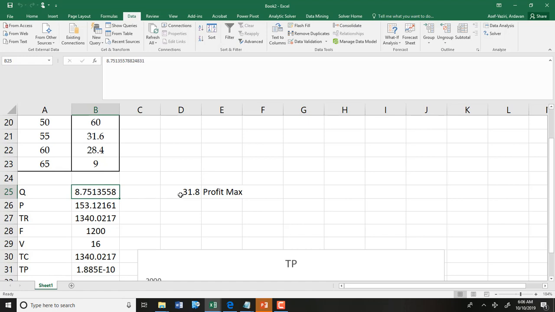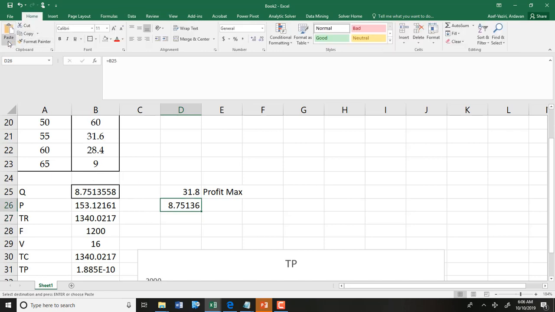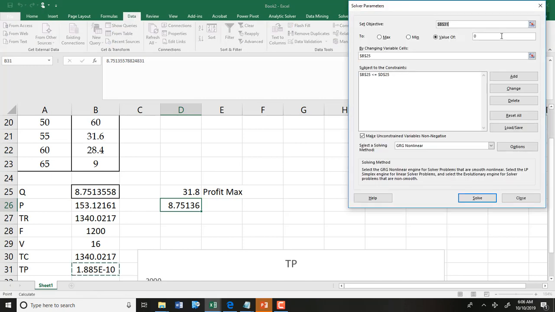If it had found this one, which was equal to this, then I copy it and paste it by value to have it over there. If it was this, I will go back to Solver, Data, Solver.